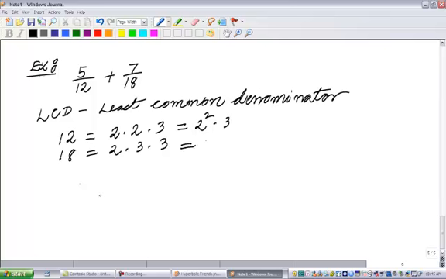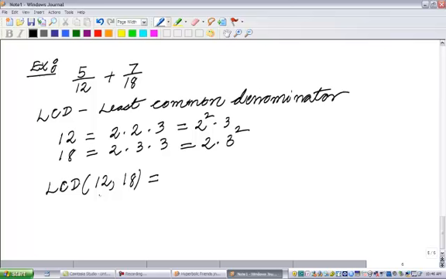I'm going to write this 2 times 3 squared. Now, what are the common divisors? See, when I wrote down this, these are products of prime numbers, right? And the LCD, the least common multiple of 12 and 18, is this number.